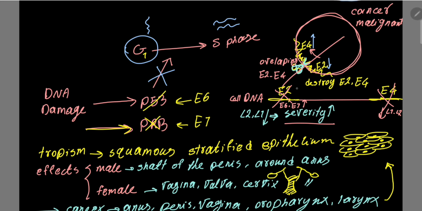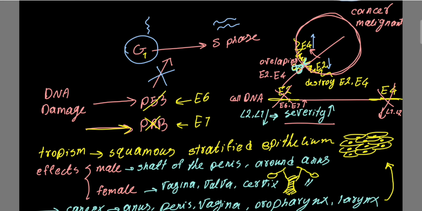The thing is, when the E2 is destroyed, E6 and E7 are going to be made more, and we will have more cell proliferation as a result. But E4, which was upregulating L1 and L2, is going to be destroyed, so we won't have the virus structural proteins anymore.